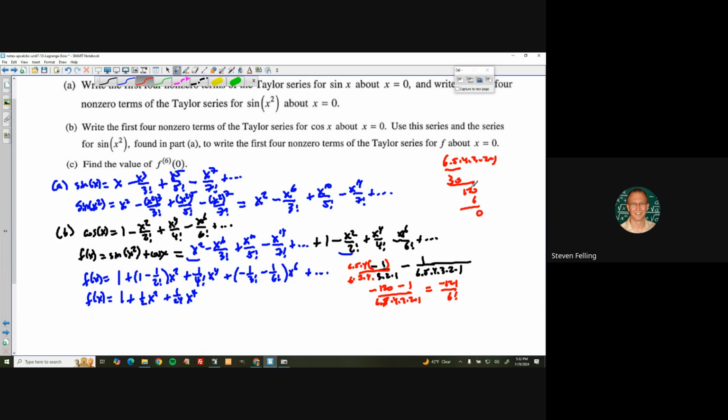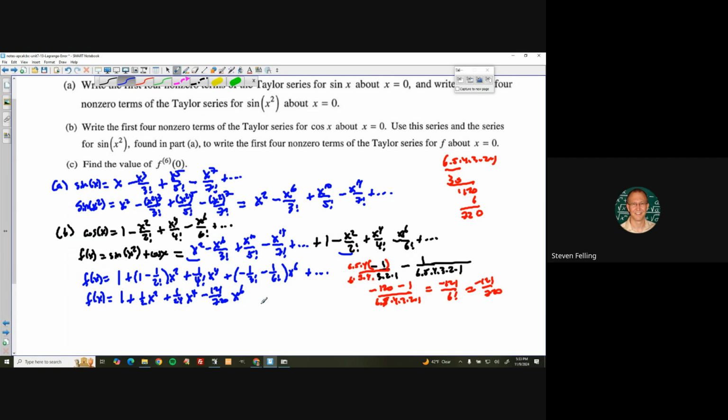Sometimes you have to do this on the AP test because it happens on the non-calculator part. 6 times 0 is 0. 6 times 2 is 12. It comes out to 720. So this is negative 121 over 720. That's the most compact way to write this. So this is negative 121 over 720 x to the 6th. Okay, so that is the f of x.